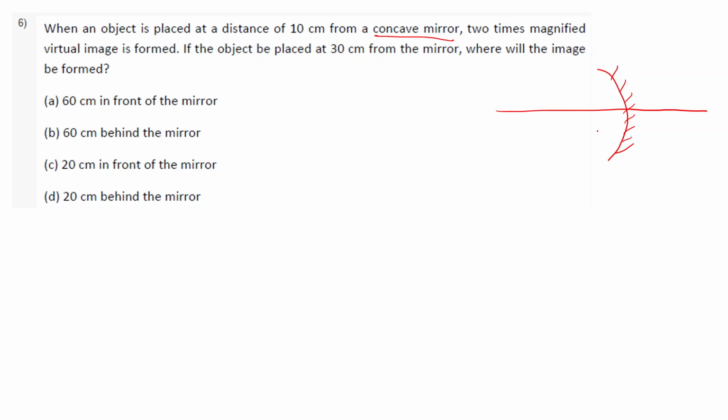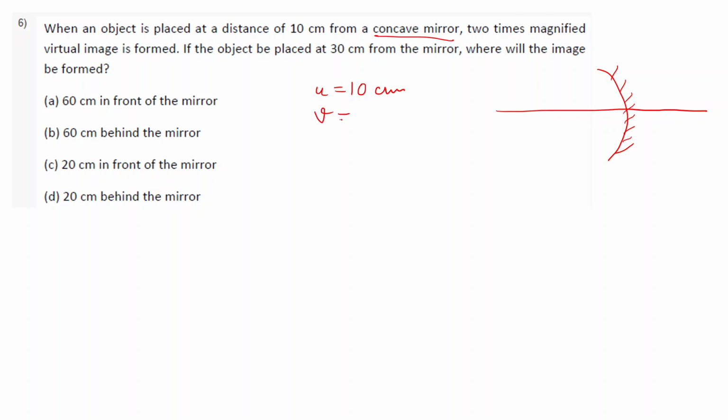So this is the concave mirror, polished outside, reflecting inside. When an object is placed at a distance of 10 centimeters from a concave mirror, okay, so object distance is given to be 10 centimeters, a 2 times magnified virtual image is formed.